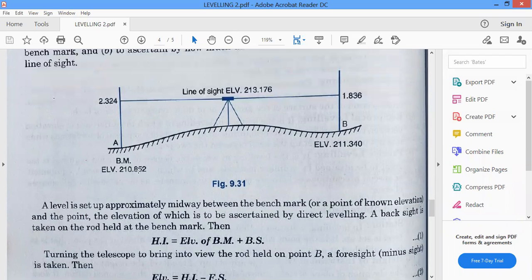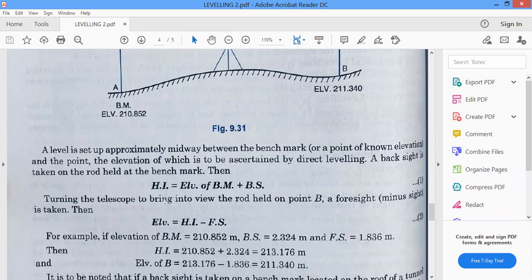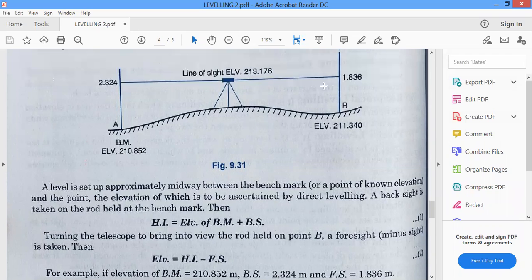That works out to be 210.852 plus 2.324. Your height of instrument is 213.176 meters. Next, turning the telescope to bring into view the staff held at point B, a foresight reading is taken.